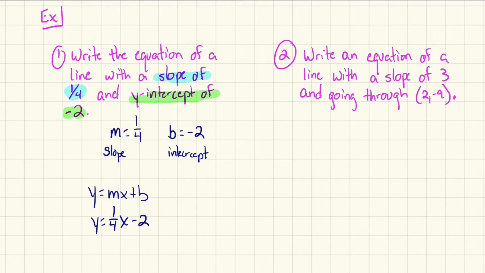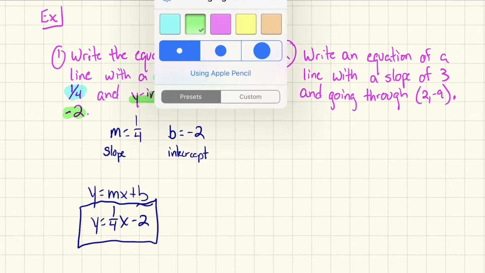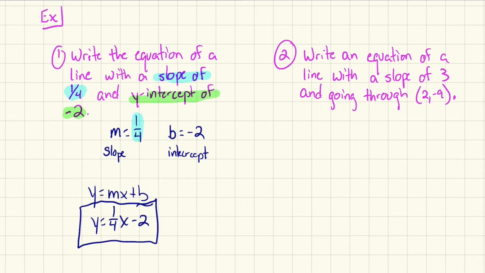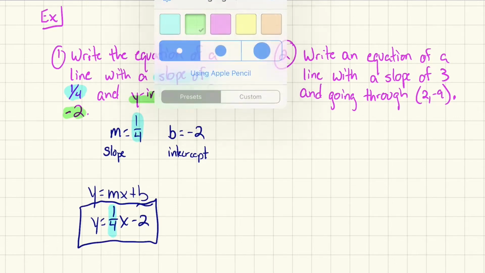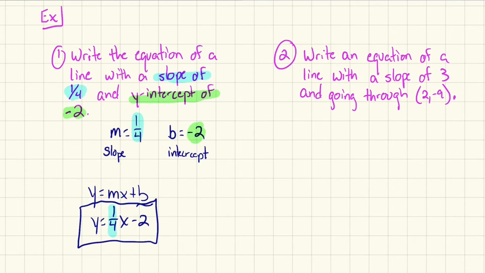All we really have to do there is plug in the numbers, right? The slope of 1/4 gave us that 1/4. The y-intercept of -2 gave us the -2 on the end, and we're done. There's not any more to it as long as we're using the right form and they give us that information.